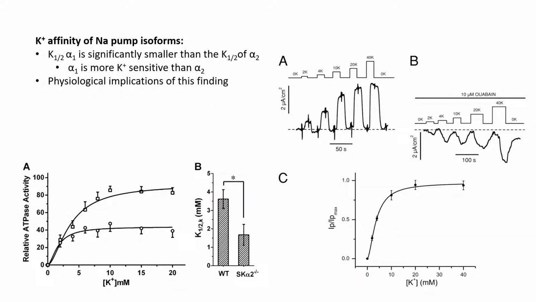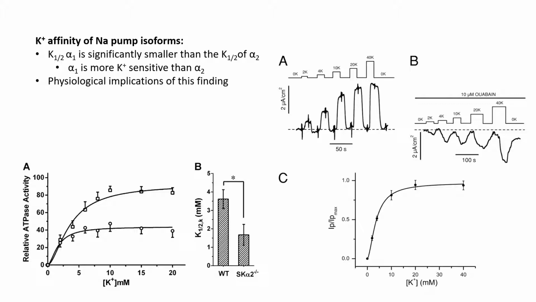One major finding from this study was that in terms of potassium affinity of the sodium pump, K-half of alpha-1 is significantly smaller than K-half of alpha-2. We can say alpha-1 is more potassium sensitive than alpha-2.